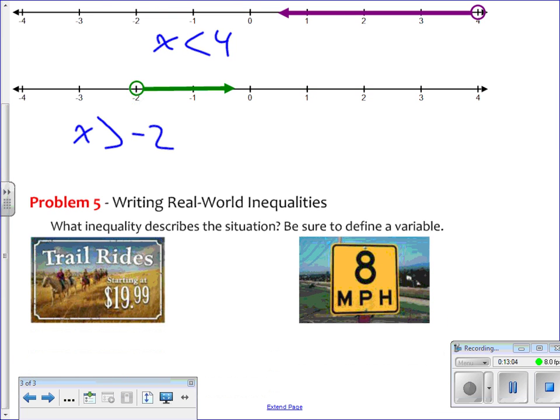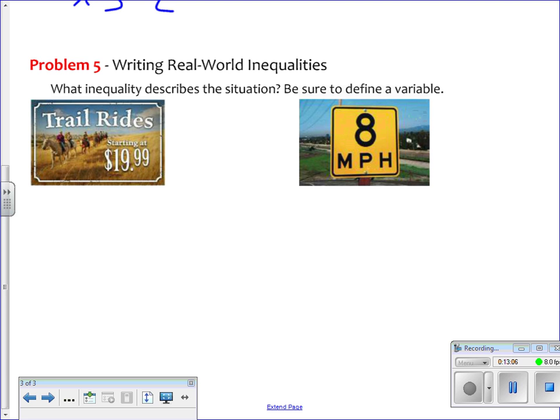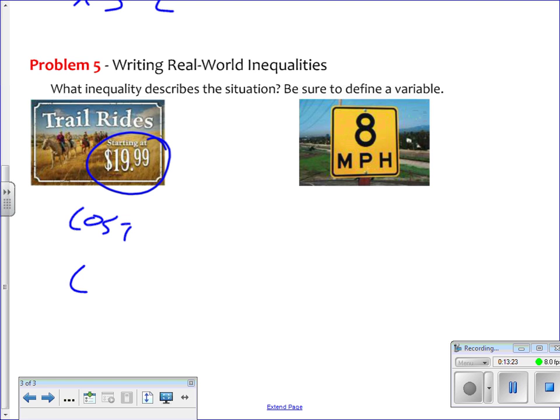Okay, and then the last two are fun real-world problems, so be sure to define a variable. On the first one, trail rides, we're talking about the cost, so I would use C. What number am I comparing it to? 1999. Is it going to be larger or smaller than that?